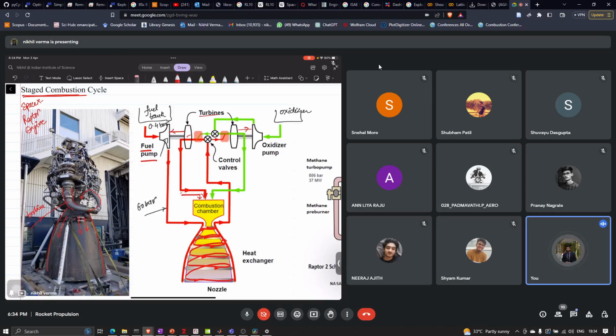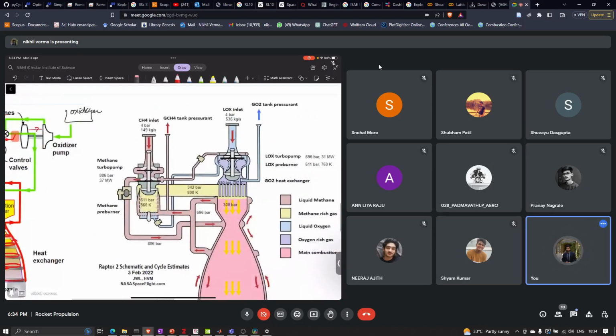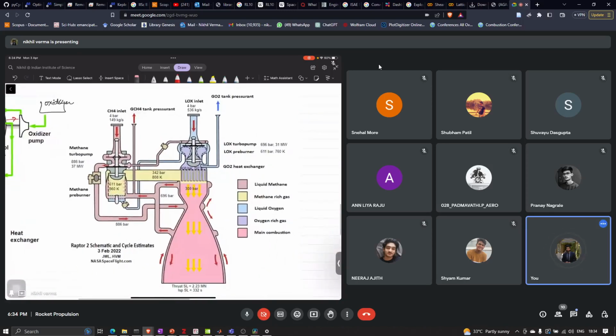I hope this part is clear. This is what a schematic of the staged combustion cycle looks like.